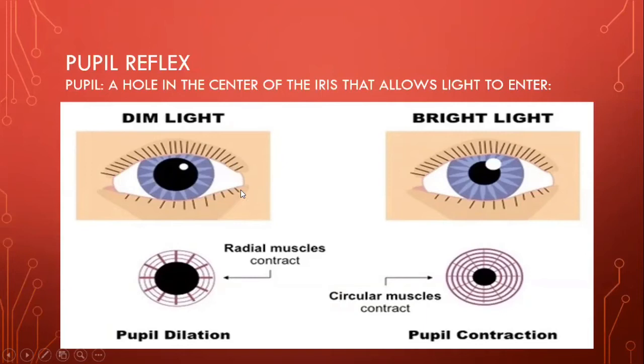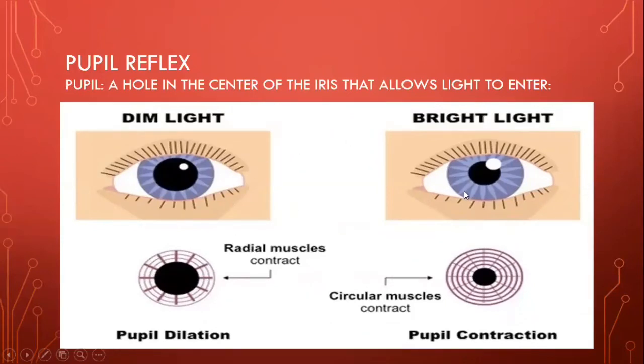For that very reason, the pupil will dilate so that maximum light rays can enter through the pupil and we can have a clear image formation. In order for the pupil to dilate, the iris muscles, which are antagonistic muscles, the circular and the radial muscles, are going to contract or relax. In the situation where we have dim light and the pupil needs to dilate, the radial muscles will contract and the circular muscles will relax, causing the pupil to dilate.